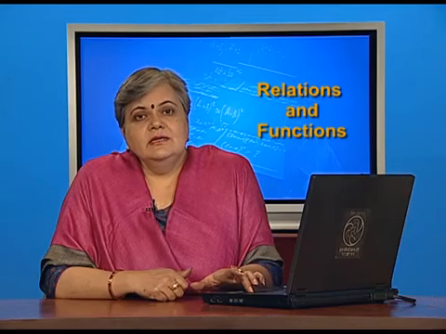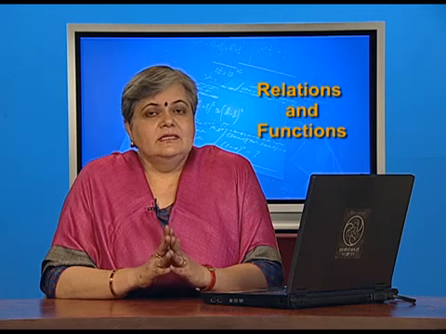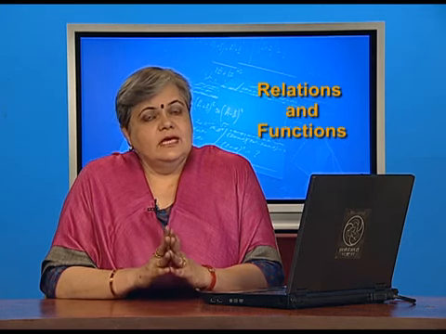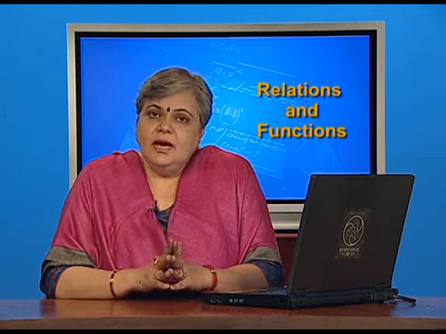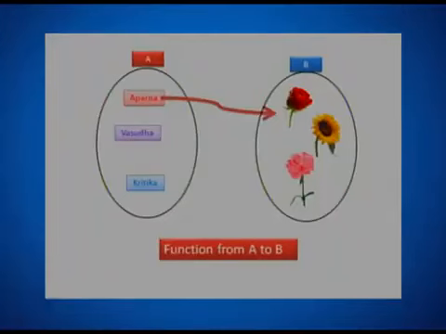A relation becomes a function when every element of the set A is related to, is associated to, is mapped to one and only one element of set B. So, Aparna likes rose, Vasudha likes carnation, Kritika also likes carnation.